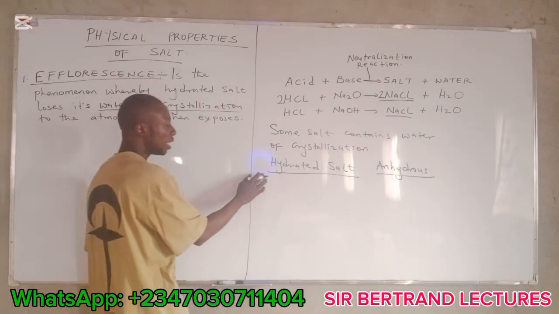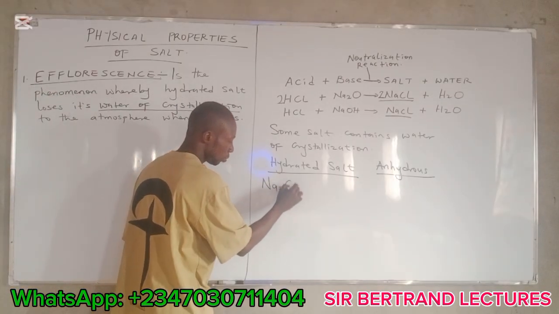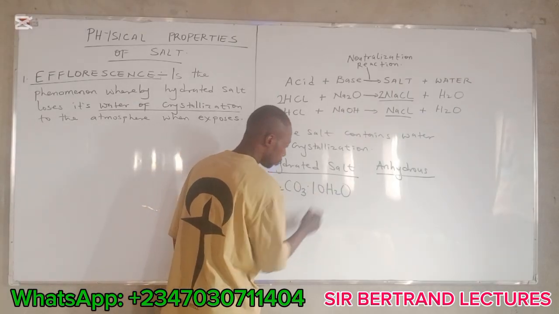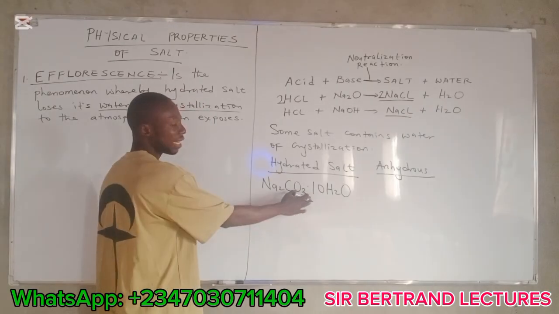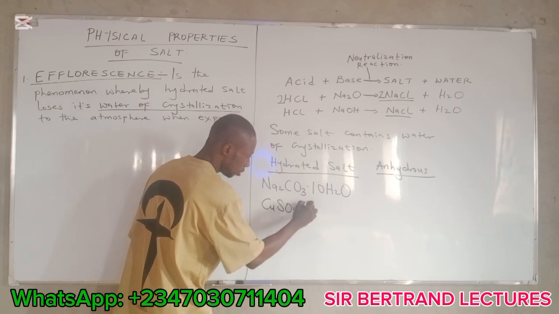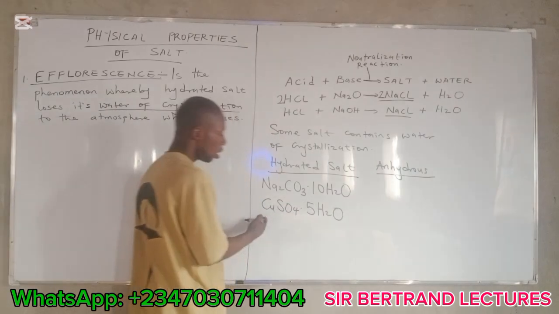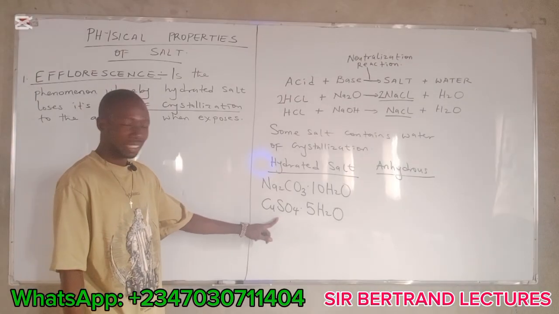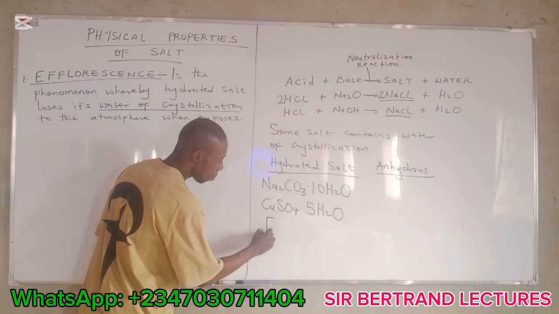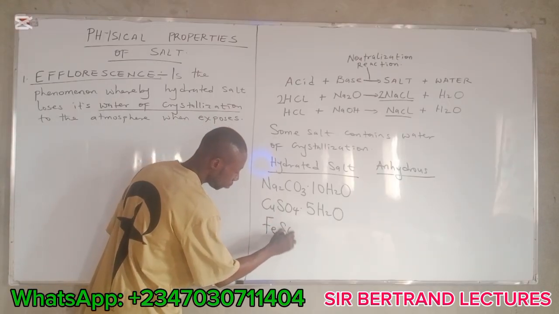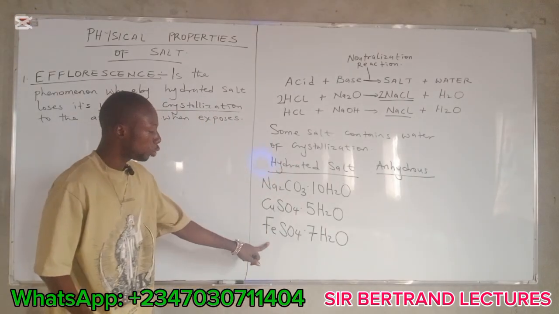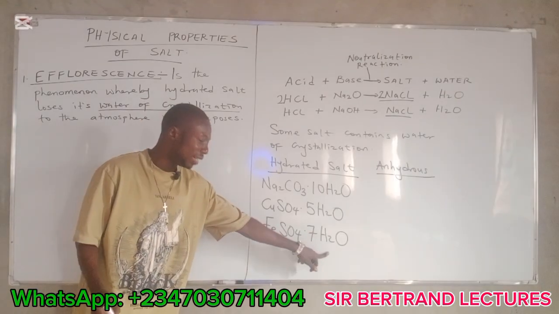Now, let's give examples of these hydrated salts. We have, for example, sodium trioxocarbonate(IV) decahydrate, copper(II) tetraoxosulfate(VI) pentahydrate, and then iron(II) tetraoxosulfate(VI) heptahydrate.